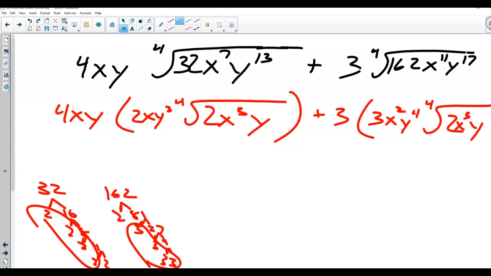Okay. Now, when I multiply here, we get 8x squared y to the 4th, 4th root of 2x cubed y.